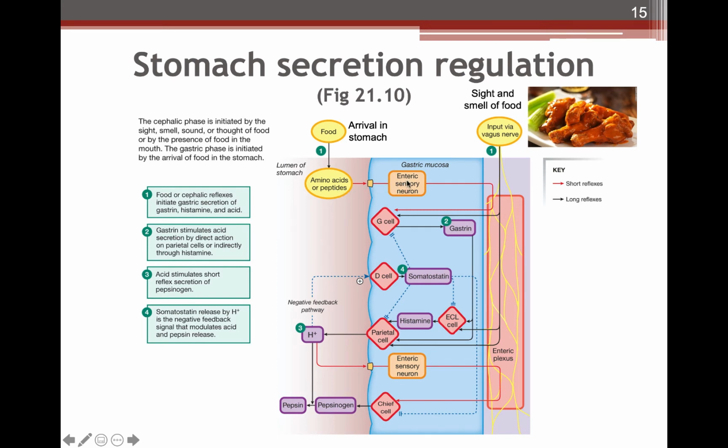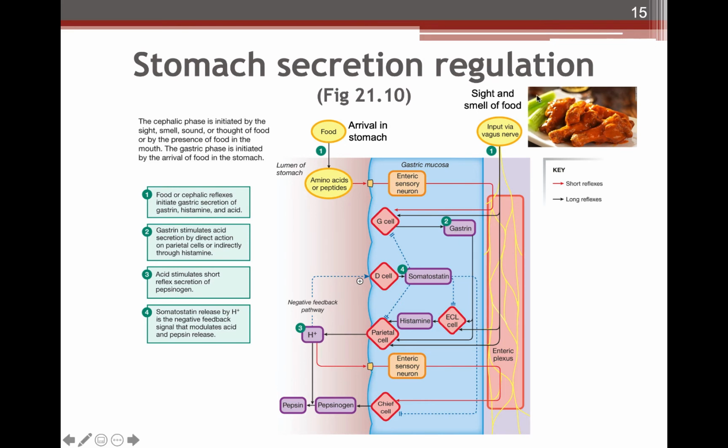And that will activate sensory neurons, which don't go up to the medulla oblongata or the hypothalamus. No, they're part of the enteric nervous system. So these sensory neurons will just project to nearby G cells. And so anytime you see a sharp arrowhead here, that's an excitatory or stimulatory interaction. So these enteric sensory neurons will stimulate the G cells to release their signal molecule called gastrin. And that's a paracrine signal molecule. It just travels a very short distance to neighboring cells.